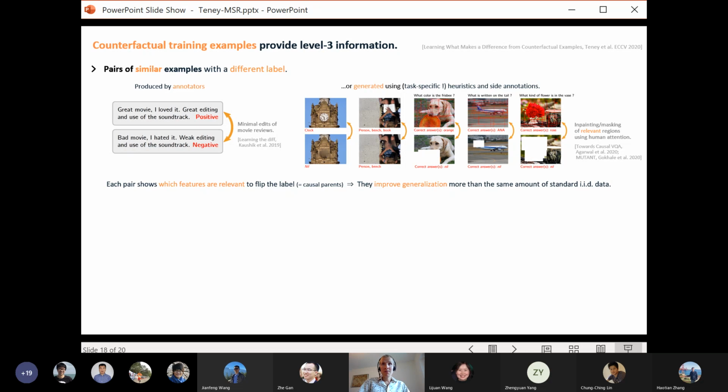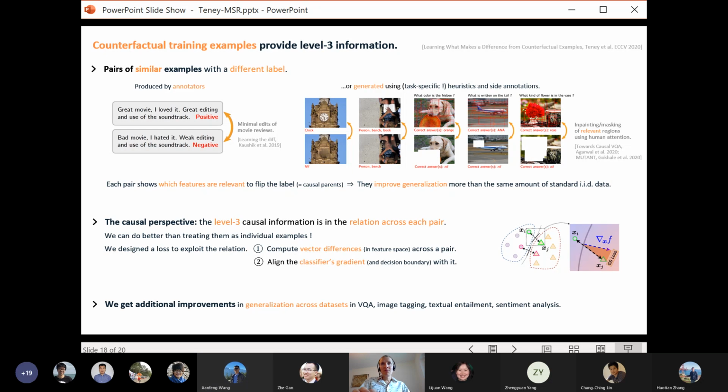So this was prior work. And what we realized from the causal perspective is that the level 3 information is really contained in the relations across the pairs, so not in the examples themselves. And that motivated us to design a new loss, a loss that exploits the relations between the pairs of examples.